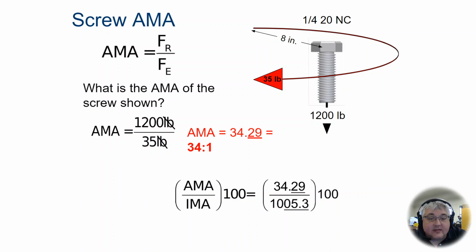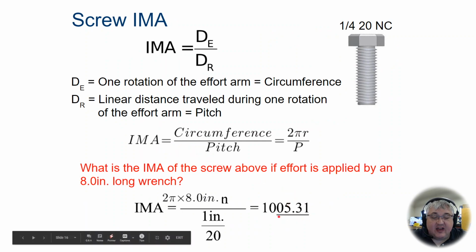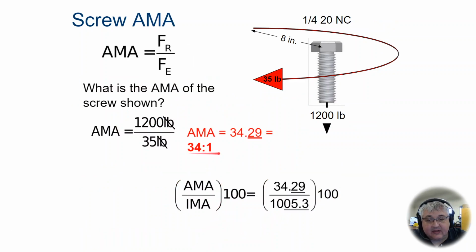Lots of friction. So look at the difference. The ideal mechanical advantage is 1,000, and we now have an actual mechanical advantage of 34. Wait, it's 1,001 ideally, but we're getting 34. Why is the number so different? It's because there's a lot of friction all the way around that path as you drive this down.